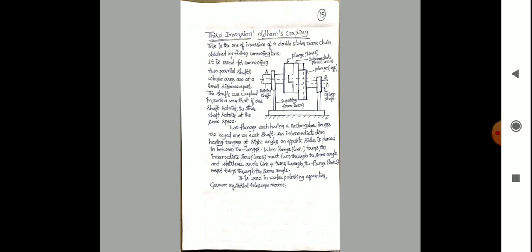In the same way, in a double slider crank chain, as link 2 and link 3 are the same elements, meaning both are sliders, one can also get 3 inversions as in the case of a 4-bar chain. So, 3 inversions in a 4-bar chain, 3 inversions in a double slider crank chain, and 4 inversions are possible in the case of a single slider crank chain.